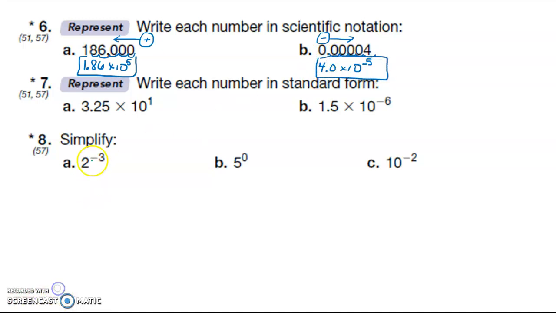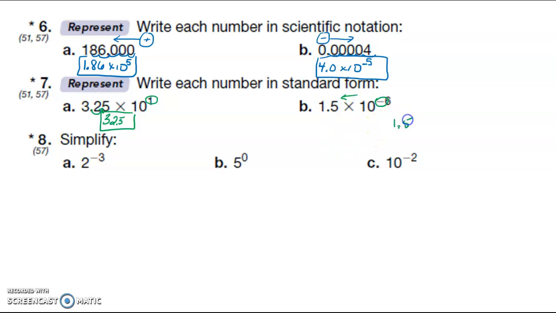Okay. Represent each number in standard form. So 3.25 times 10 to the 1. This tells me to move the decimal point 1 this way. So I have 32.5 as my answer. Here I have 1.5 times 10 to the negative 6. So I'm going to be moving the decimal point back that direction.